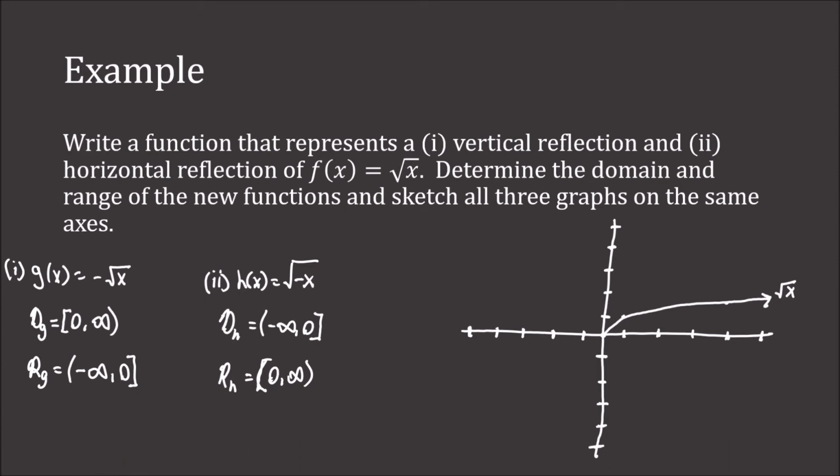So let's look at negative square root of x next. It's a perfect mirror image of square root of x, except it's now flipped over the x-axis.